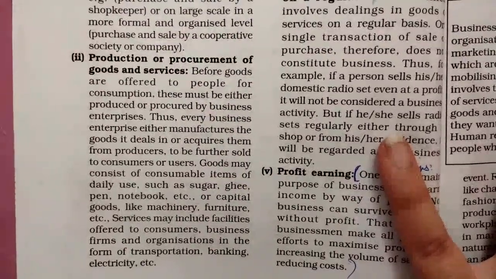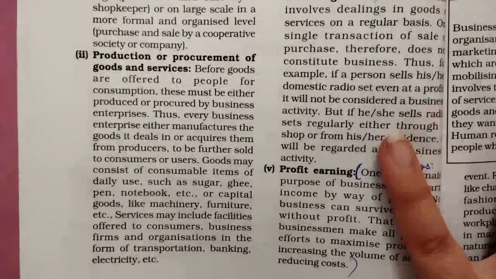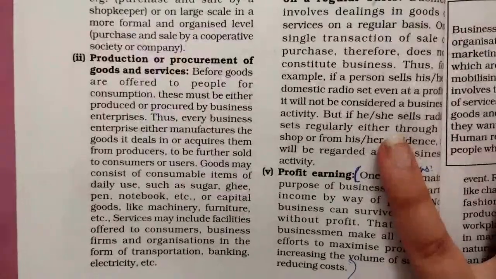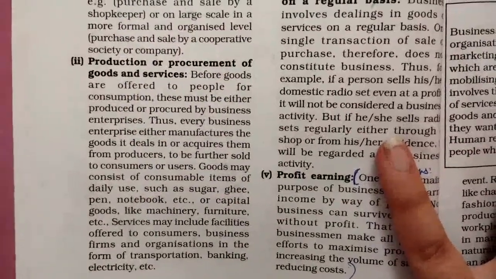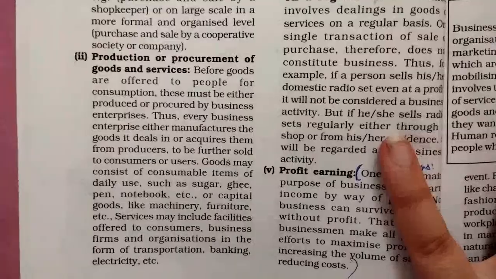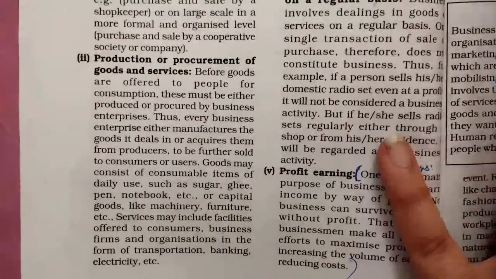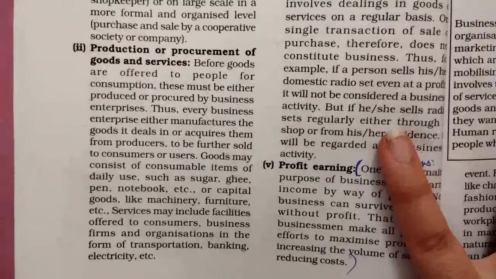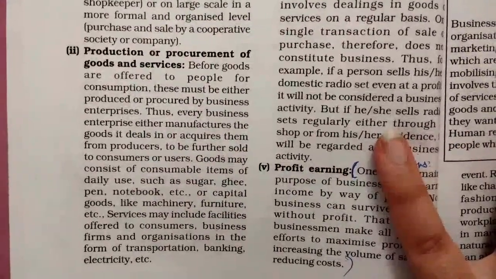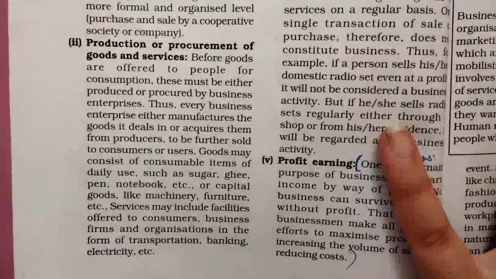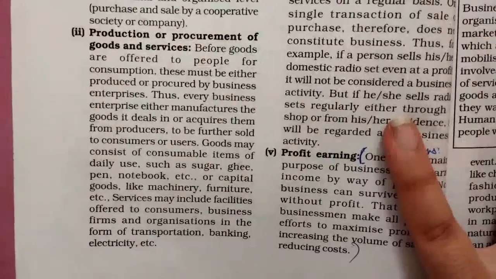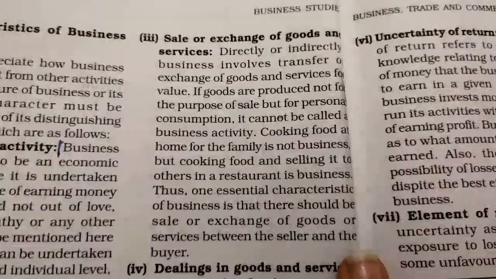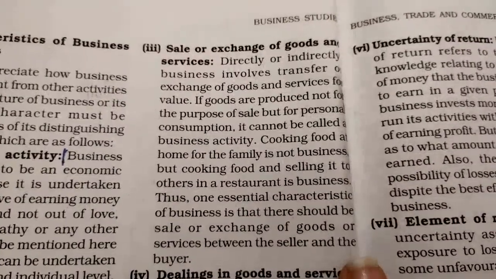Goods may consist of consumable items such as ghee, sugar, oil, etc., and also capital goods like furniture, machinery, etc. Services may include facilities that are usually offered to the consumer, such as banking, transportation, electricity, etc.